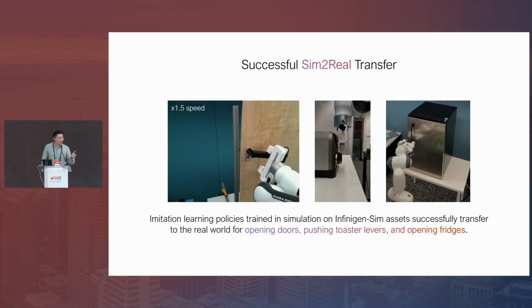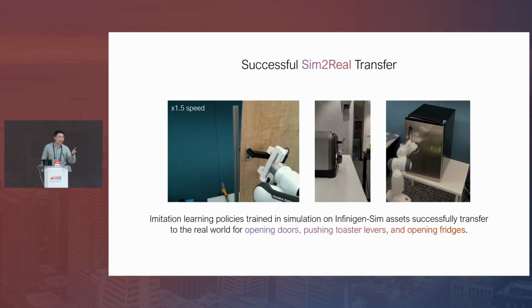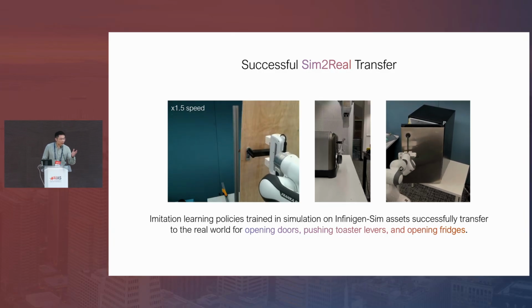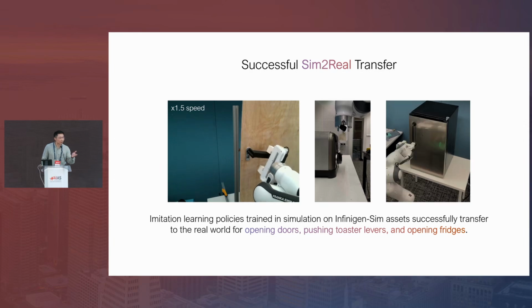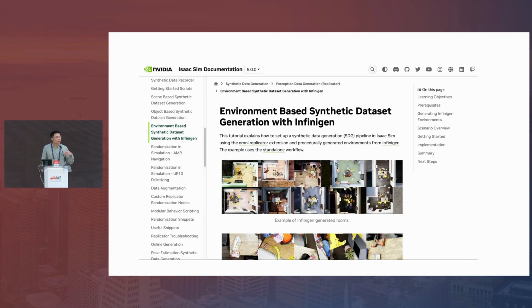So we can have a robot opening doors with various kinds of handles, including a regular door and the door of a fridge. And so InfiniGen has actually attracted a lot of interest in the robotics research community. For example, NVIDIA has published a tutorial about how to use InfiniGen assets with their Isaac Sim simulator.